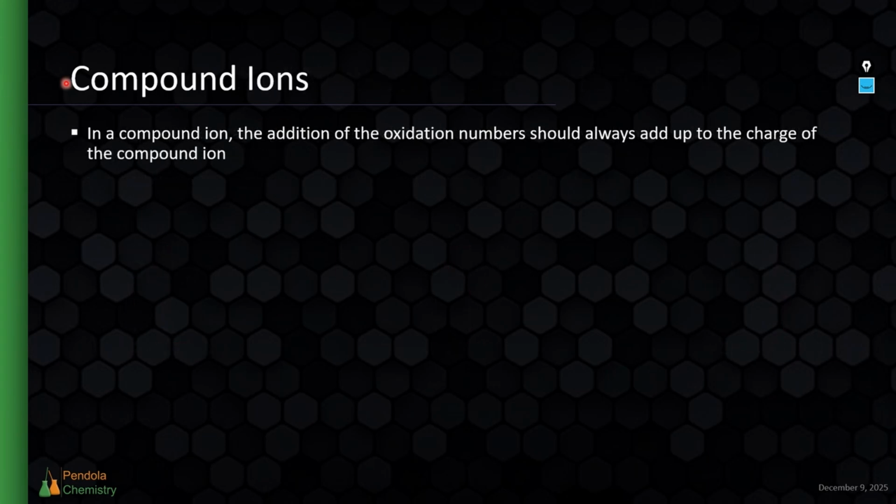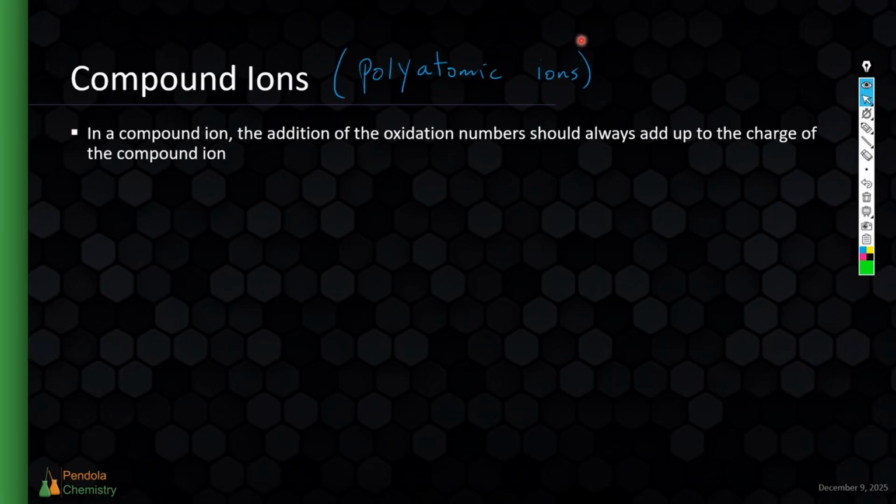So let's look at this last type of situation we're going to have, which is what we call compound ions. Now, compound ions are what we call in honors chemistry polyatomic ions. Polyatomic ions are simply just ions made up of multiple elements covalently bonded together. So whenever we talk about a compound ion or polyatomic ion, we're essentially talking about a molecule with a charge.